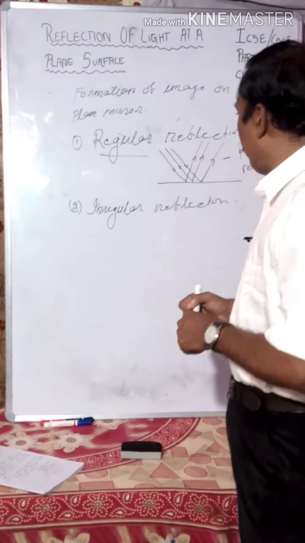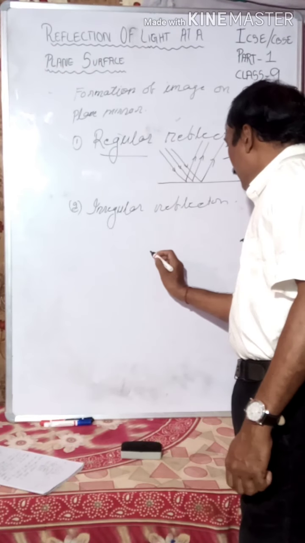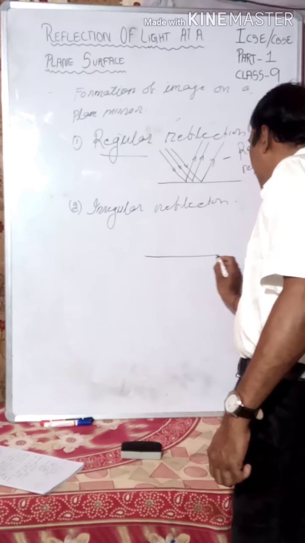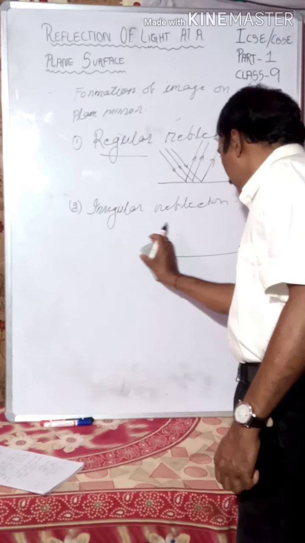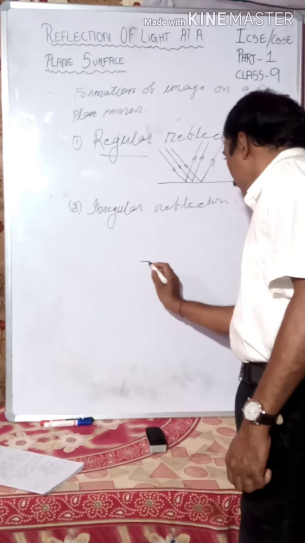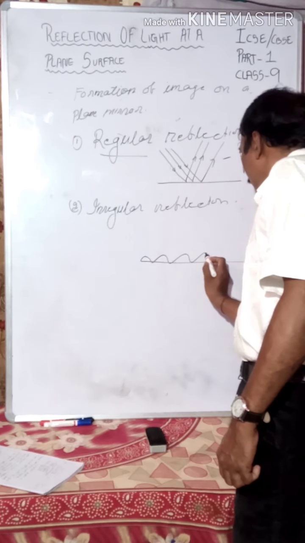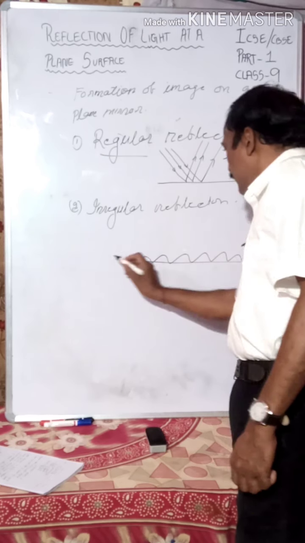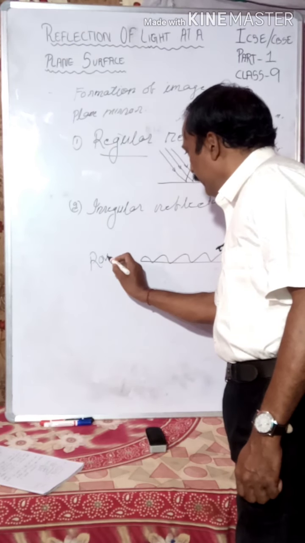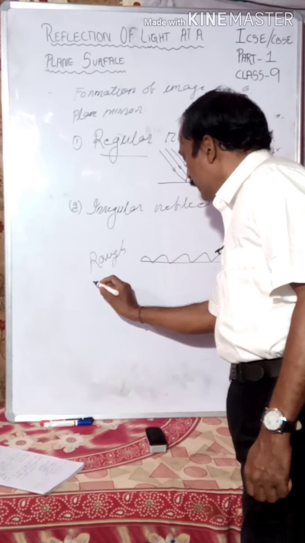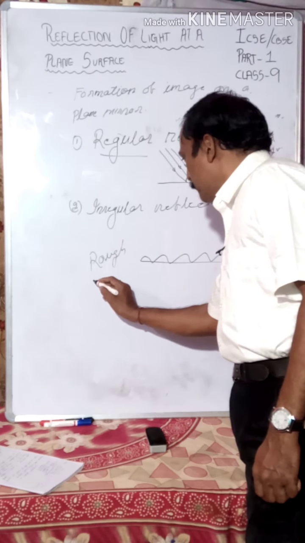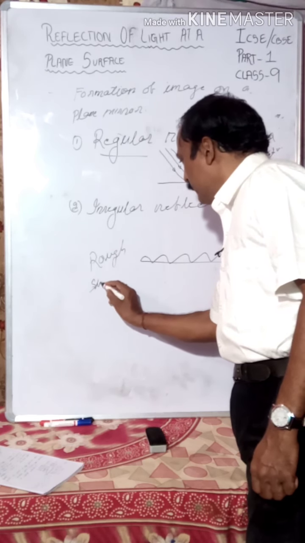But irregular reflection happens on an irregular surface. Suppose this is the surface, but the surface is not regular; that is a rough surface, which is called an irregular surface.